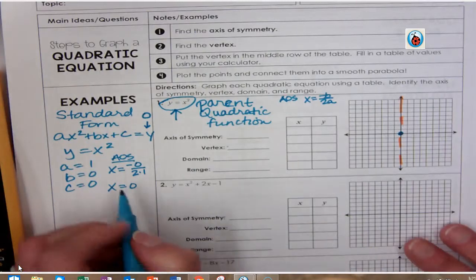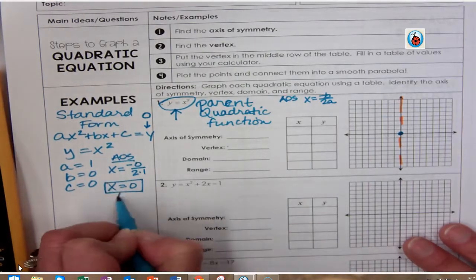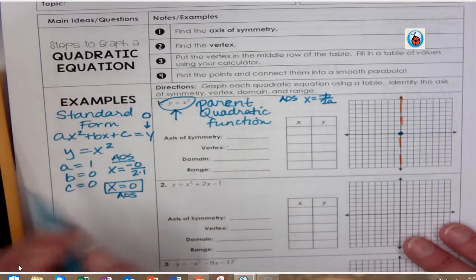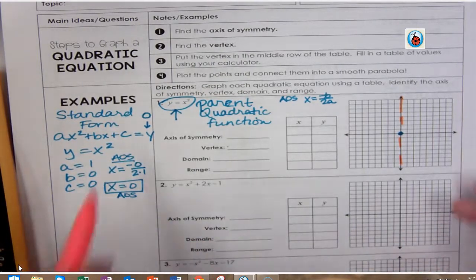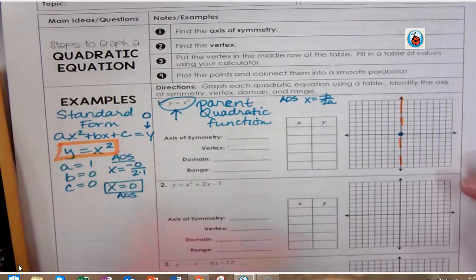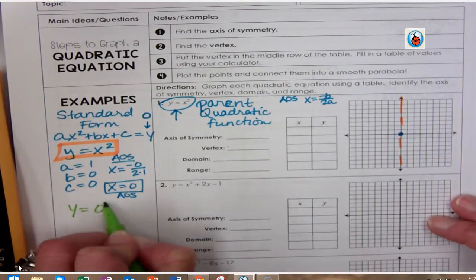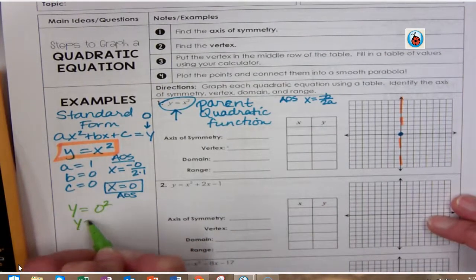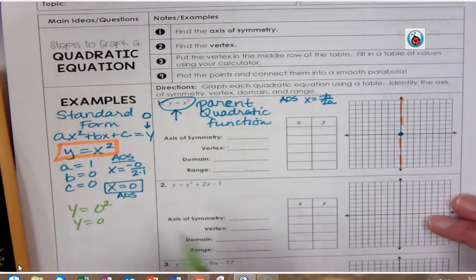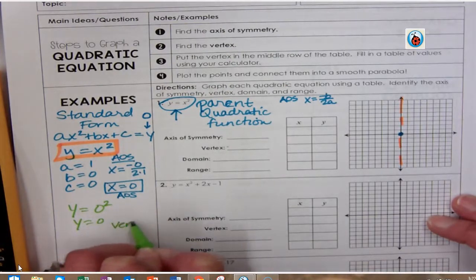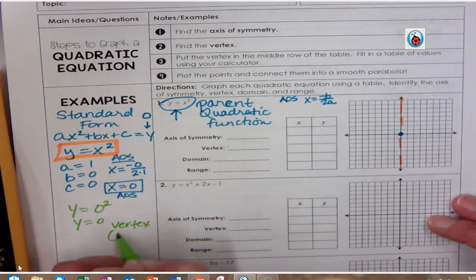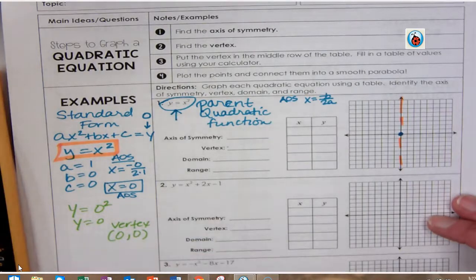If I were to plug that into my original equation, y equals 0 squared. Y is going to equal 0. So my vertex is 0, 0. This is all for the parent quadratic function.